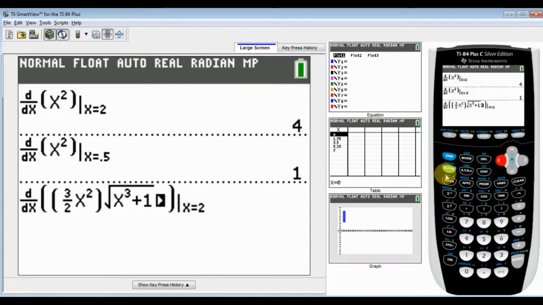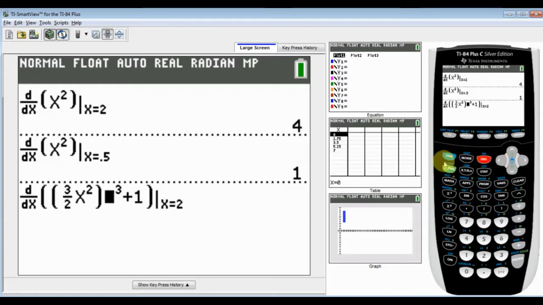Where's the -1? Like the x plus 1 is to the -1 now. Oh, it's not to that power. Sorry, I pushed the wrong button.